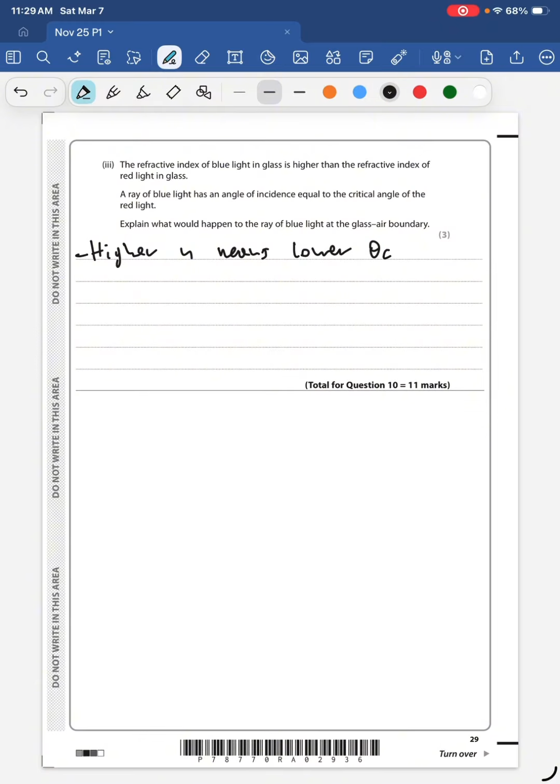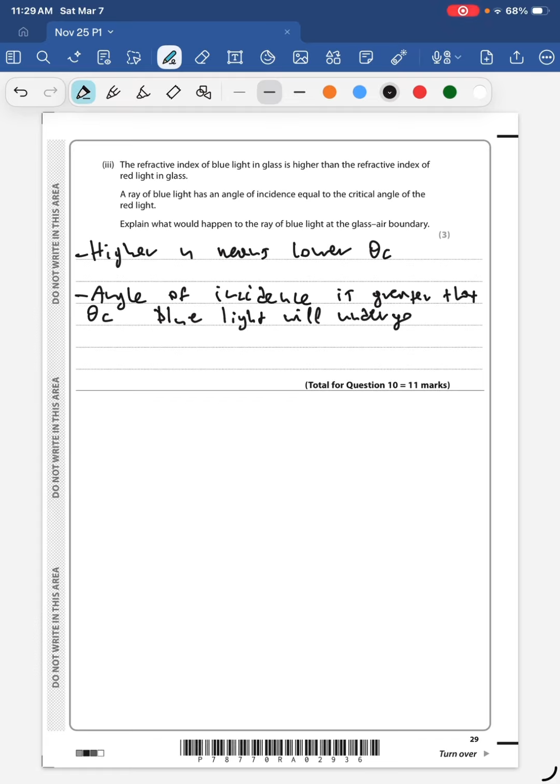Since the angle of incidence is greater than theta critical, blue light will undergo total internal reflection.